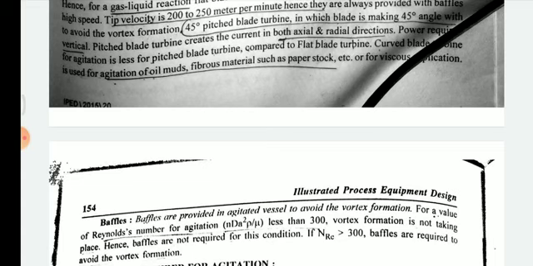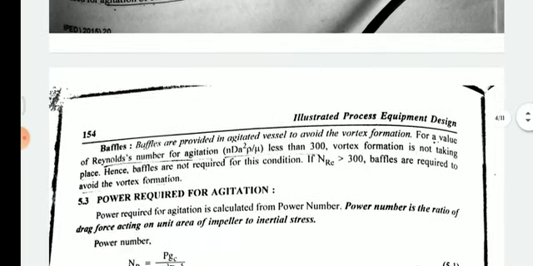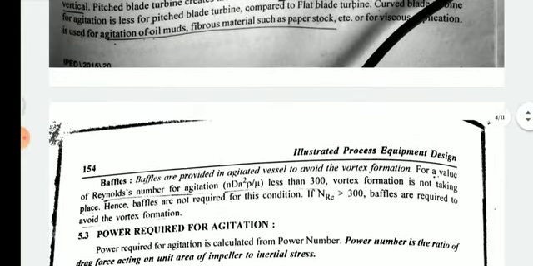Okay, it requires very low power consumption. The curved blade turbine is used for agitation of oil muds, fibrous material such as paper stock, extractor, or for viscous applications. So this one is used for heavy material.